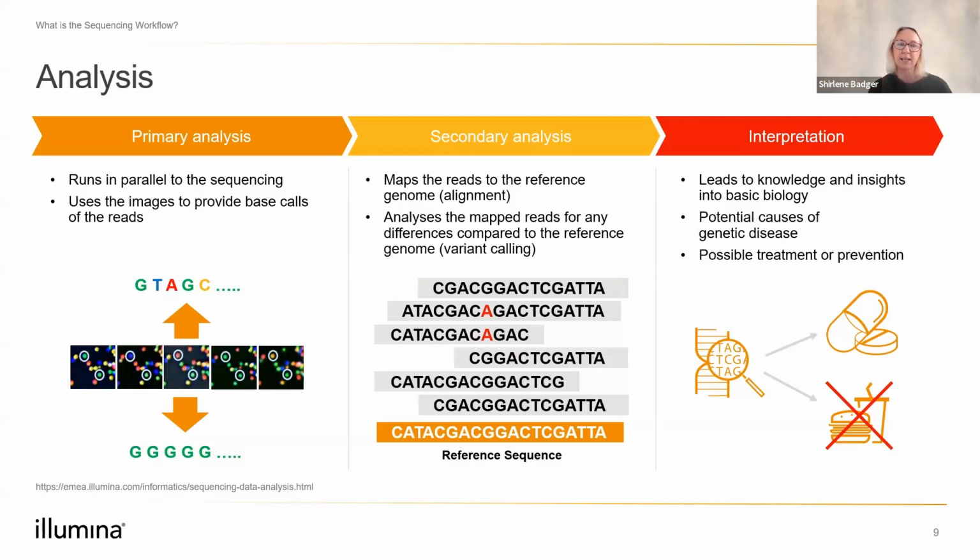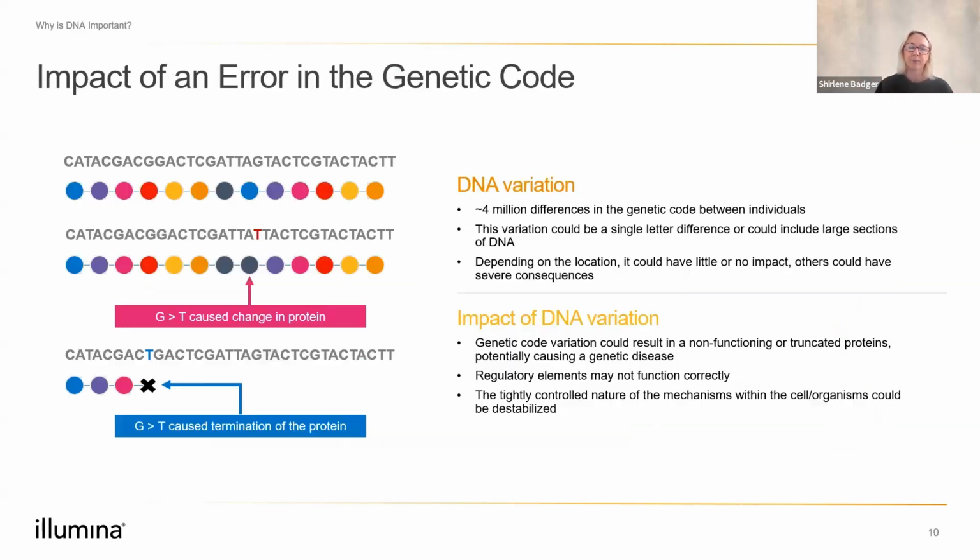But I do want to say at this point, and this is one of the most frustrating points for me, and this is where I'll talk about one of the stumbling blocks, we've still got a long way to go in terms of understanding this. The more whole genome work that we do, the more of what we call VUSs, so variants of unknown significance, we're finding. We need to do a lot more work to understand what is happening there.